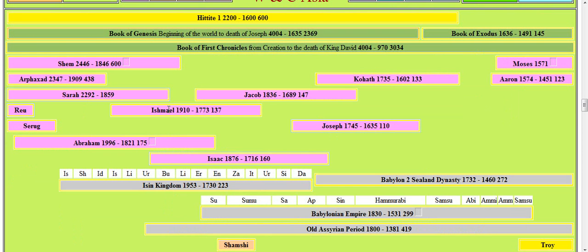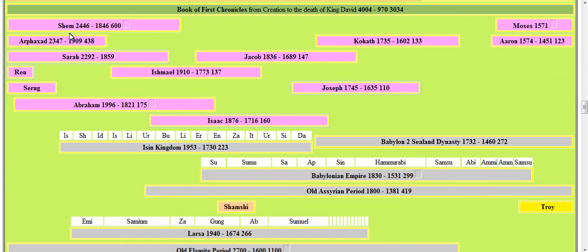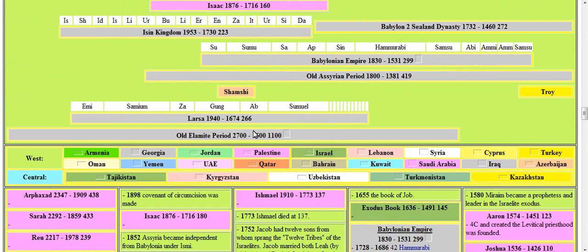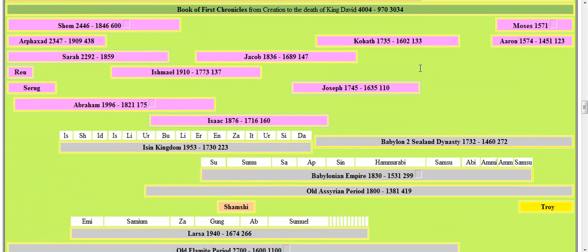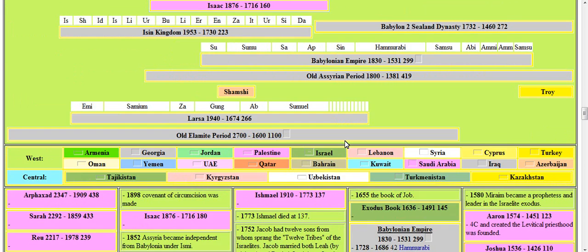Hittite. All these guys, these are the Old Testament guys who lived like 147 years, 133 years. So they lived at the same time as the Babylonian Empire with Hammurabi, who lived this amount of years. Hammurabi was a contemporary of Joseph and Kohath, but he didn't live as old. But this is the Babylonian Empire.